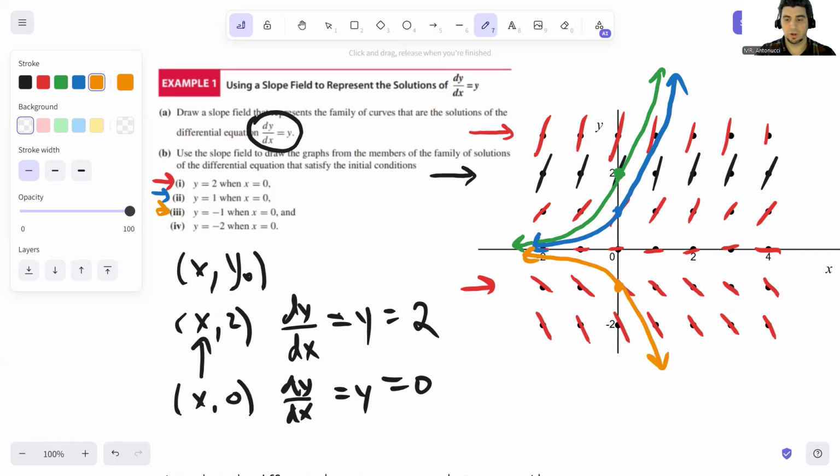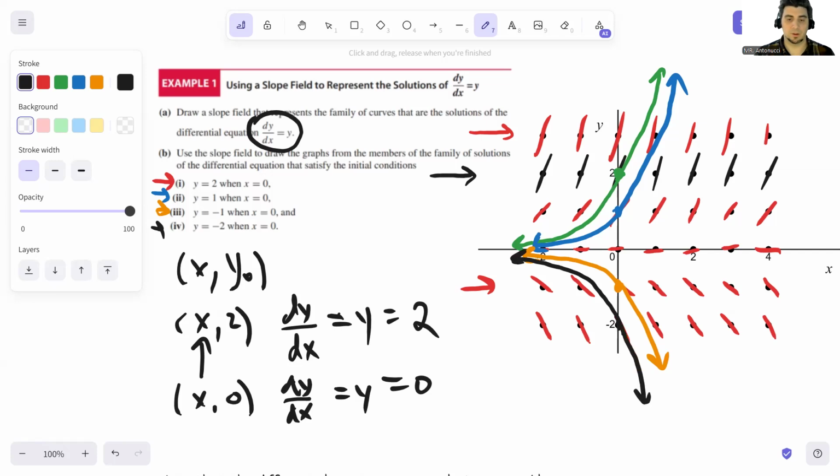So you want to start at your point and then move to the left, drawing a smooth curve, and draw your curve to be parallel to the tangent lines around it, following the curvature of those lines. And then one last one, when y equals negative 2, it'd be this one.